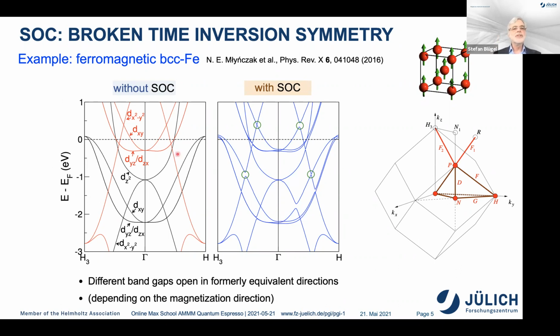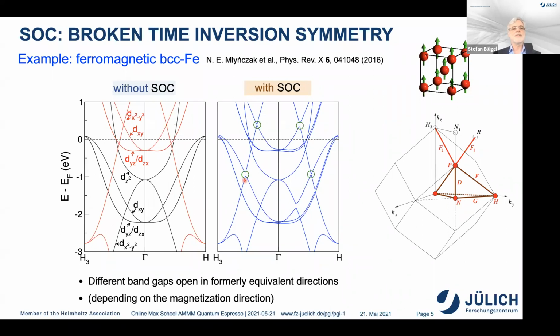And for example, you see here an unoccupied state which has a crossing. This is the state between the dxz and yz. And here you see the same crossing. But the equivalent state here has a gap opening.